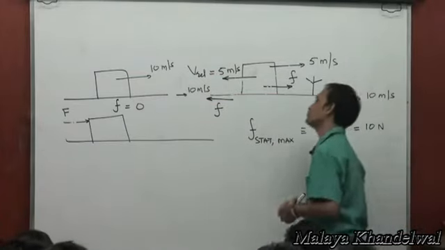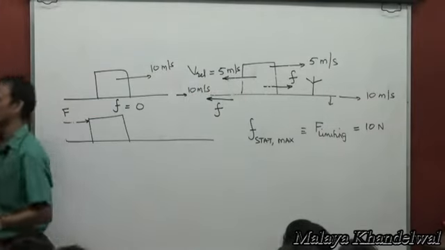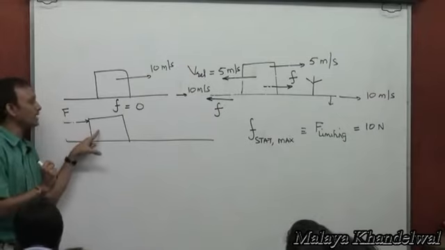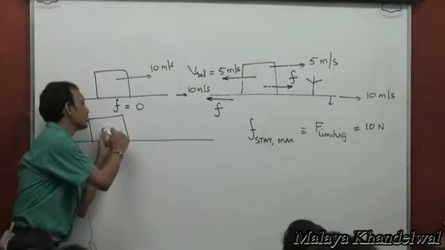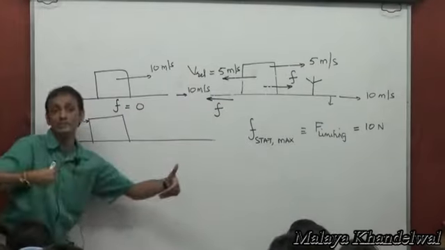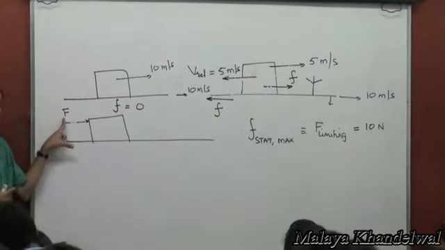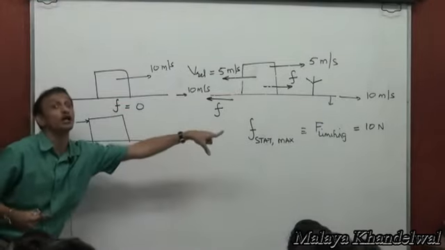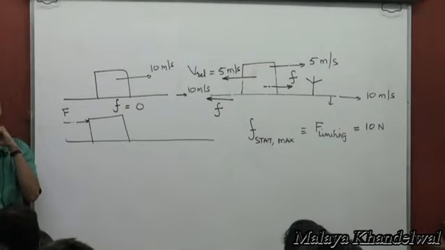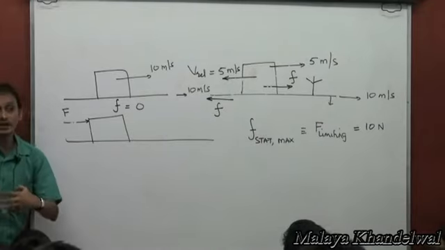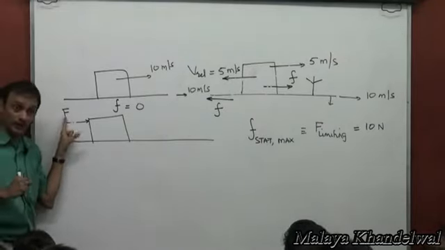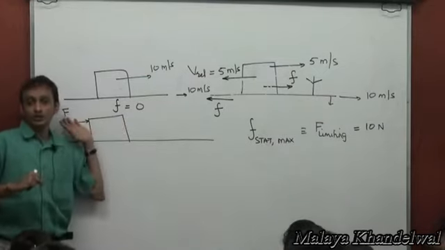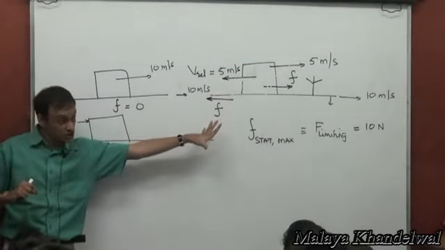Then most people and most books will tell you the following. They'll say the minimum value of F that you must apply so that relative motion just about commences is 10 newtons. The minimum externally applied force that would cause relative motion is 10 newtons. They would very often say that the minimum value of the applied force that would cause relative motion is maximum static friction.